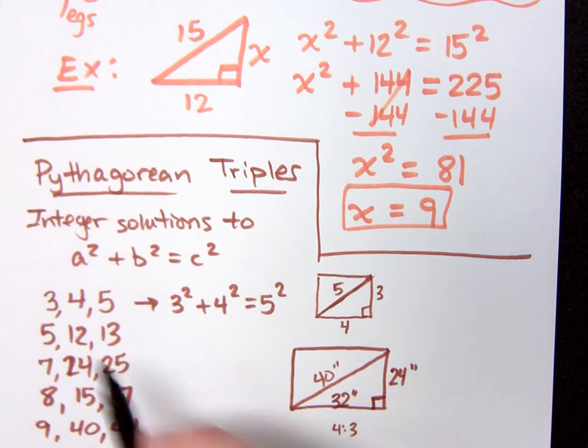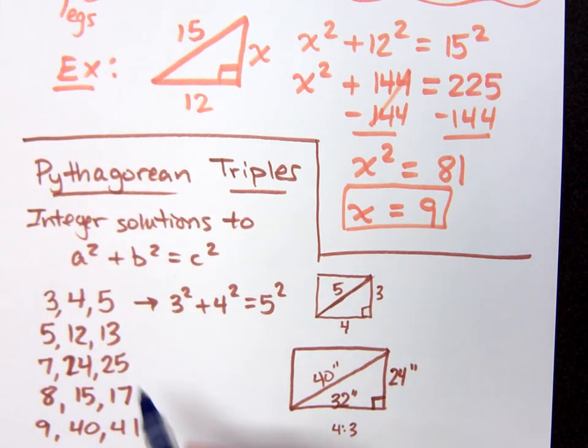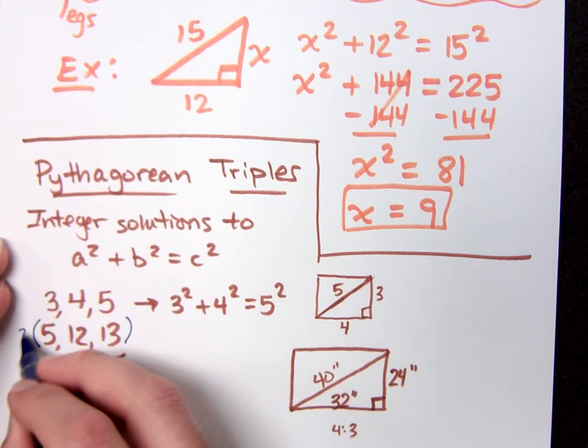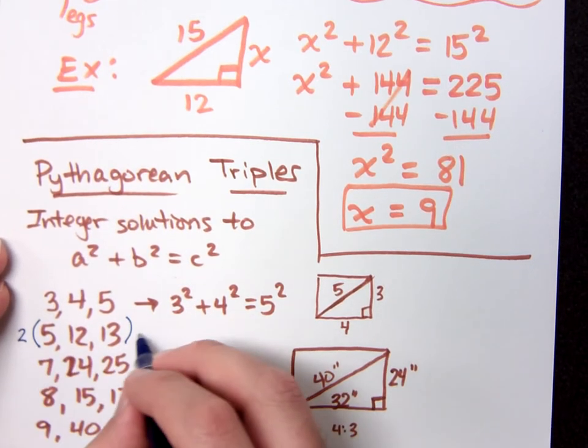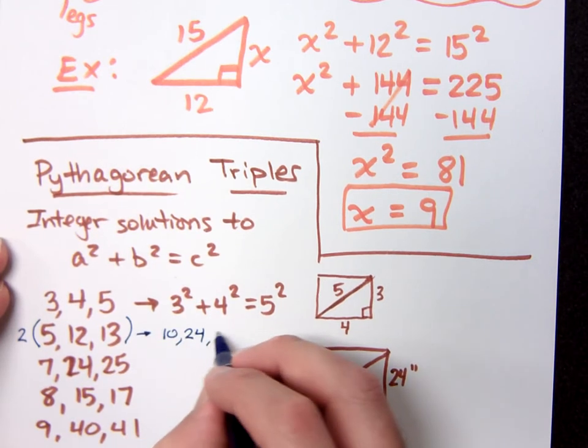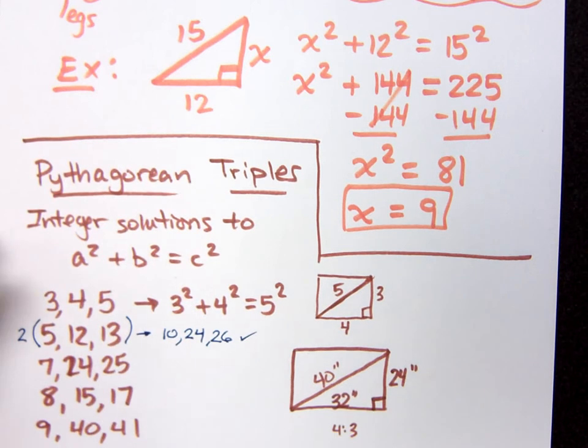You can take any of these triples, or any triple that exists. If you multiply or divide everything by the same number, it's itself going to be a triple. For example, if I take these and multiply them all by a factor of 2, then the triple 10, 24, 26 would also work.